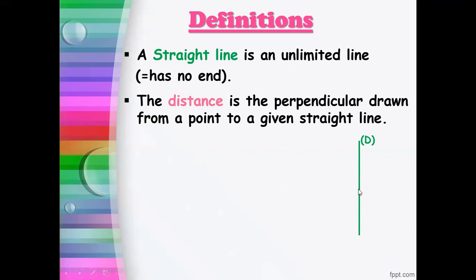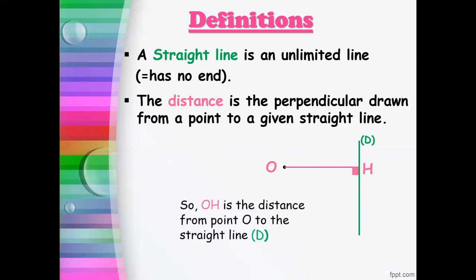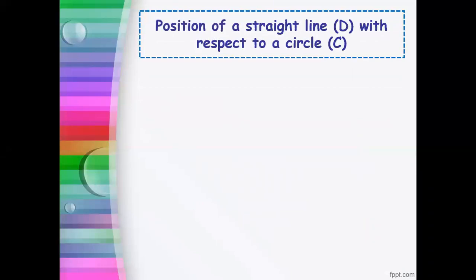If we want to find the distance from the point O to this straight line, we should draw the perpendicular from the point O to the straight line D. So OH is the distance from point O to the straight line D.